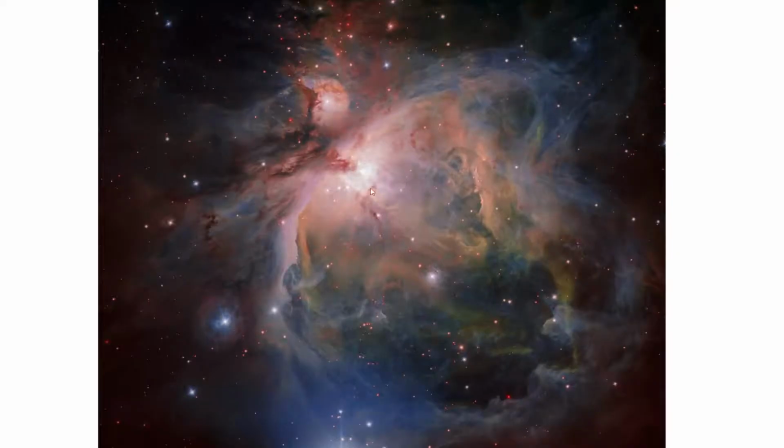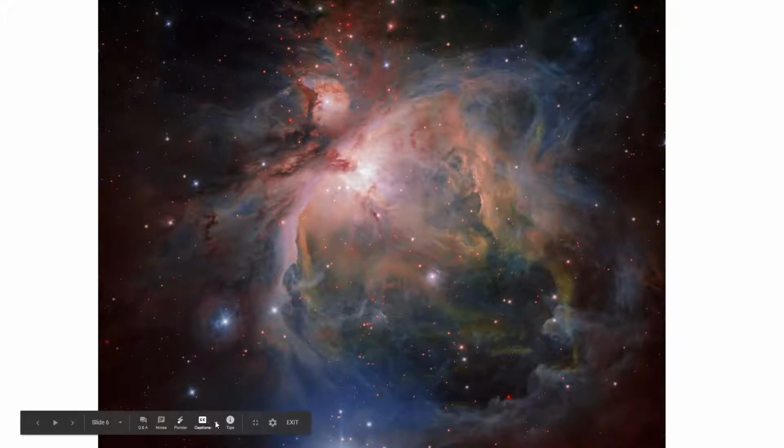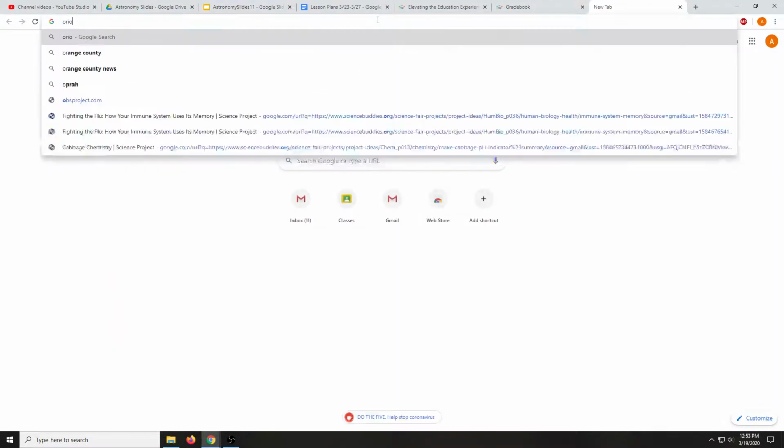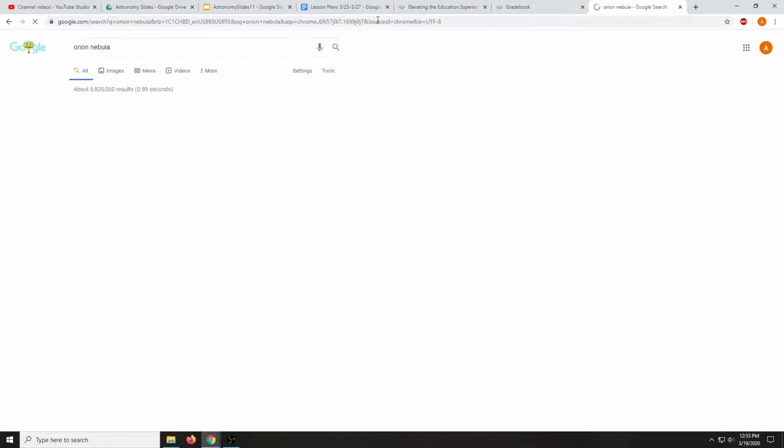Here's an example which, since we don't have a projector, I actually think ends up looking better because it's a higher quality picture than the projector can even put into place. If you know what the Orion Nebula is, let's look that up real quick. Oh, not a nebula.